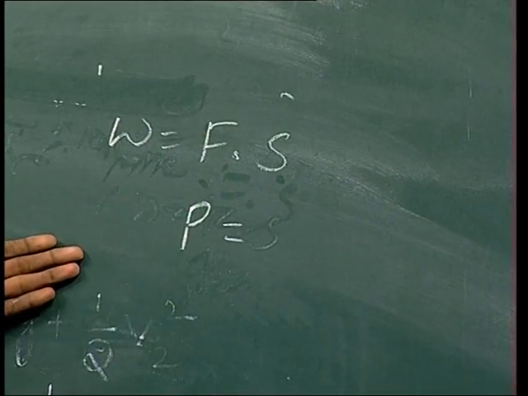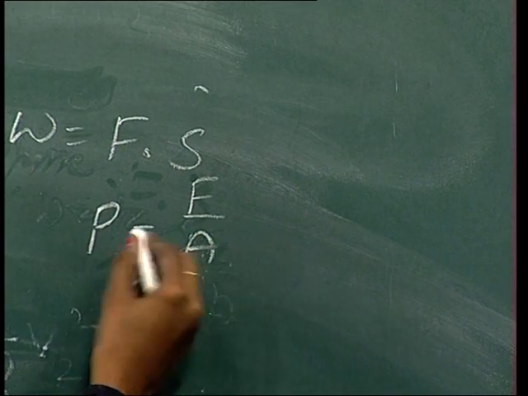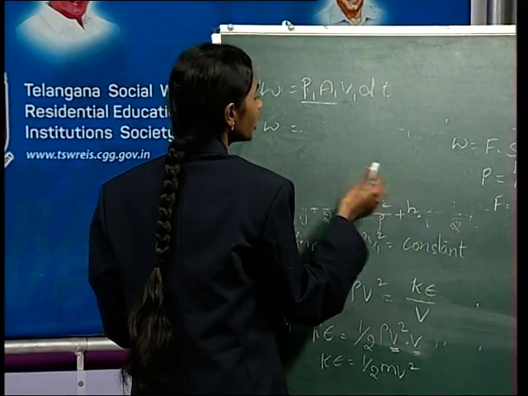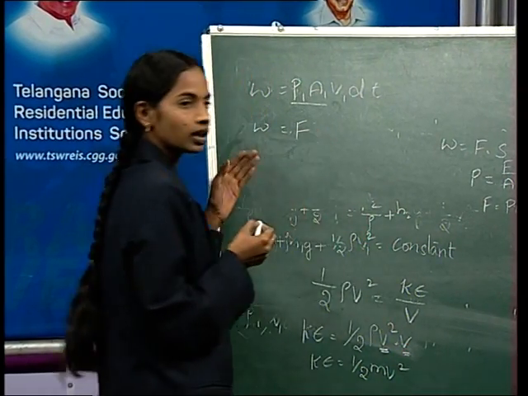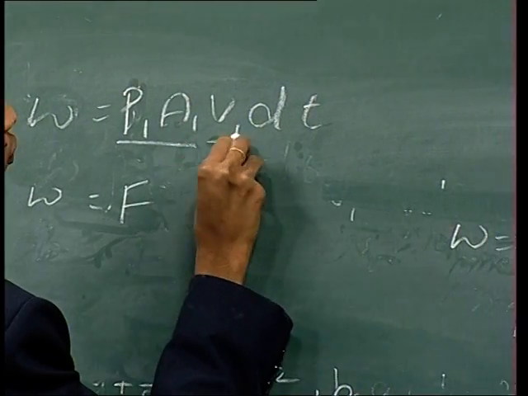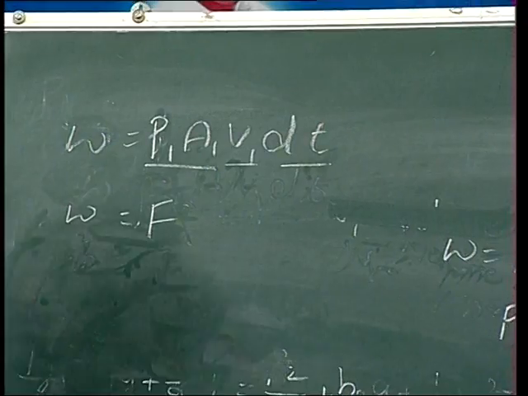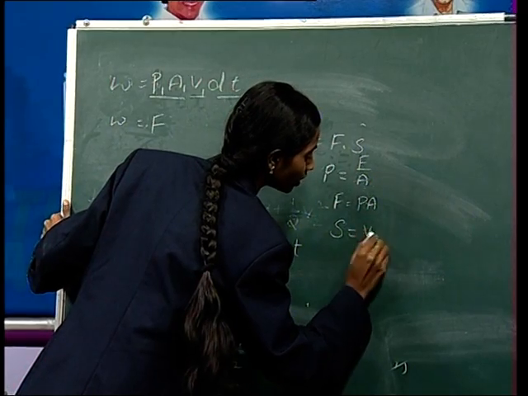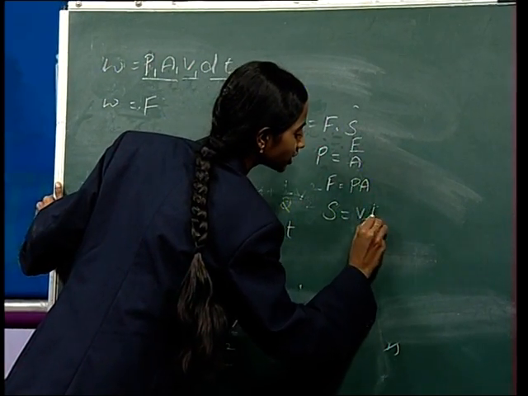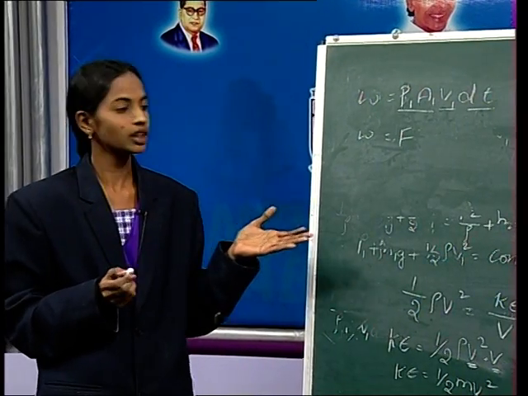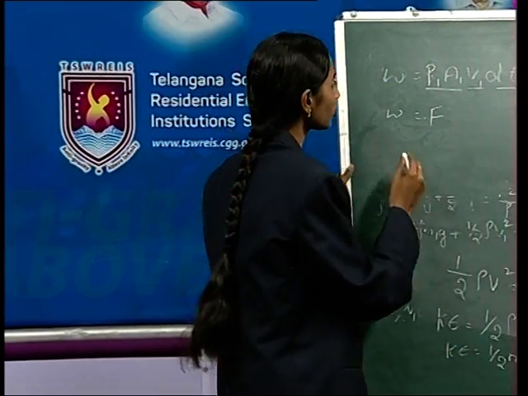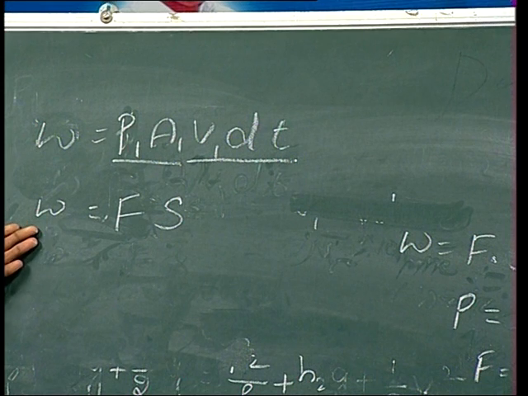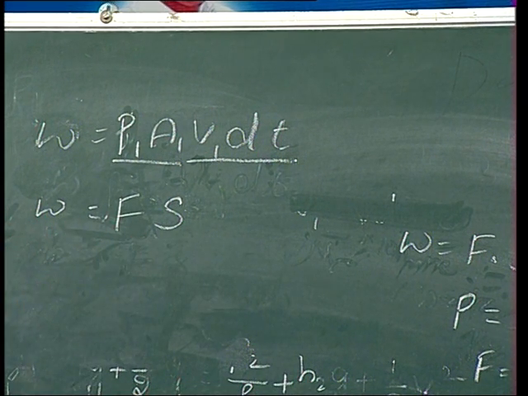From the equation P equals F by A, we know that force equals P A. So instead of P A, we can write F, and the product of v1 and dt is equal to displacement. S equals v into dt, where dt means time. Here we already discussed that we take t as dt. Then instead of v1 dt, we can write S. It is nothing but work done is equal to force into displacement.